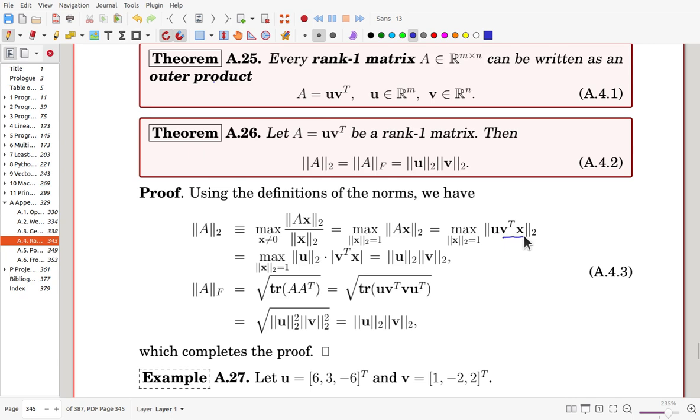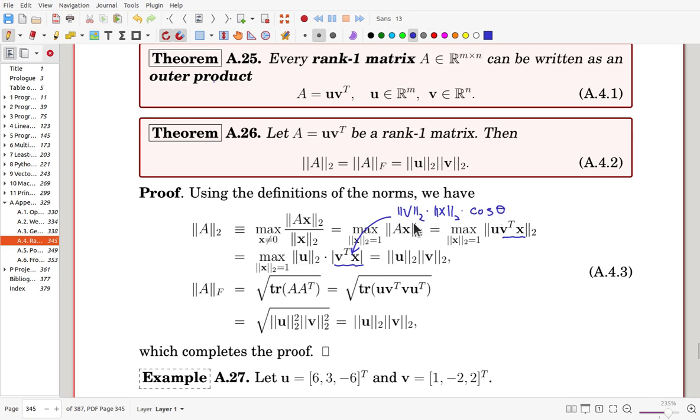Now this one is a scalar, so the scalar can go out and the remaining part is the U 2 norm. Now we have to maximize over ||X|| equal to 1, but this dot product is the same as the V 2 norm times the X 2 norm times cosine theta.